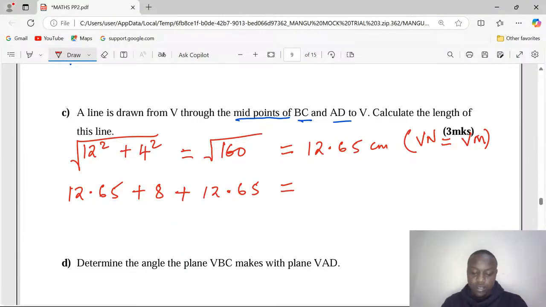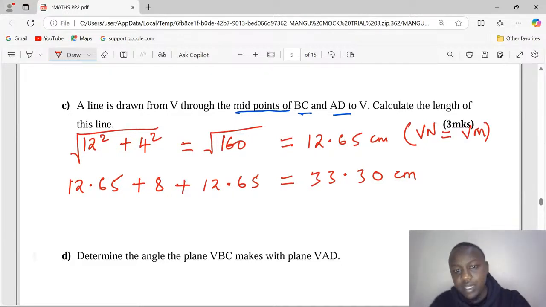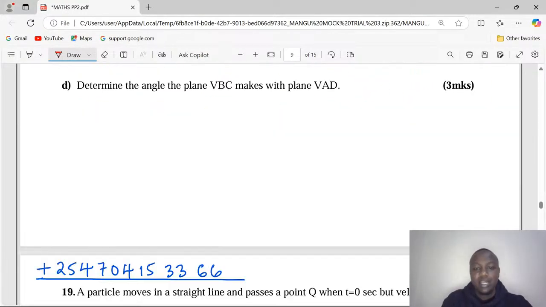It's going to be 33.3 centimeters. That will be the length.